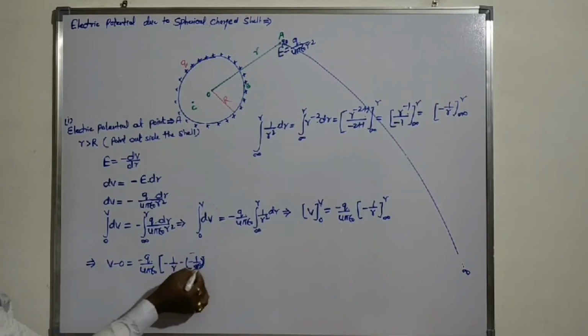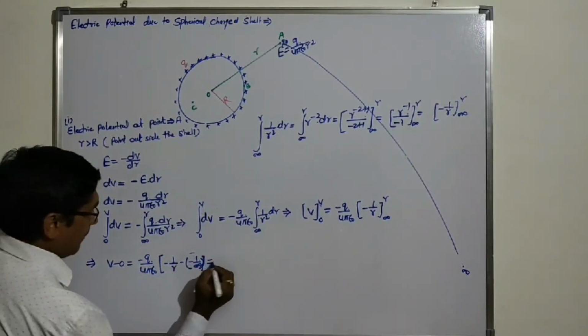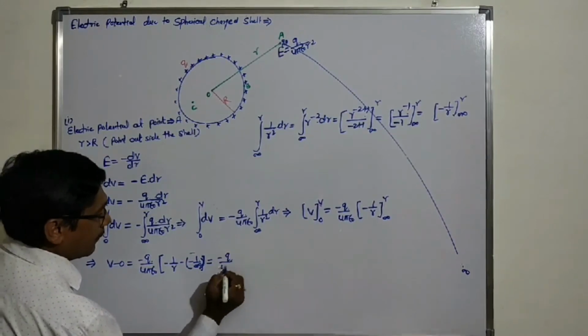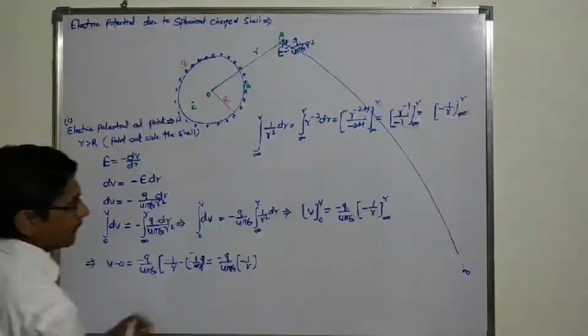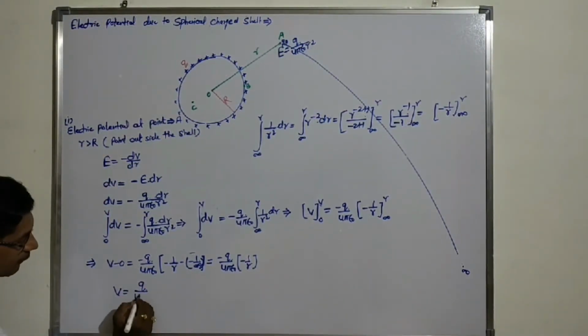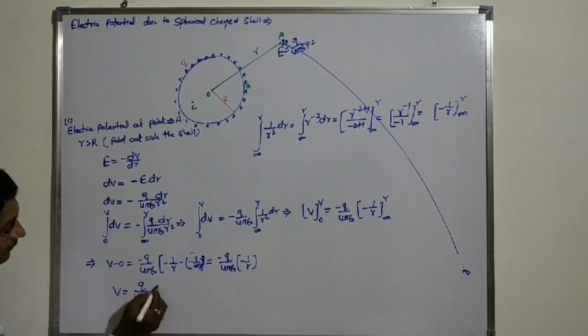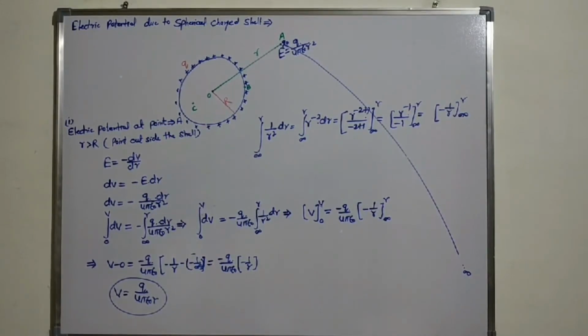So 1 by infinity is 0, that's why the term is minus Q upon 4 pi epsilon naught times minus 1 by R. This gives V equals Q upon 4 pi epsilon naught R. This is the expression of electric potential due to a uniformly charged spherical shell outside the sphere.